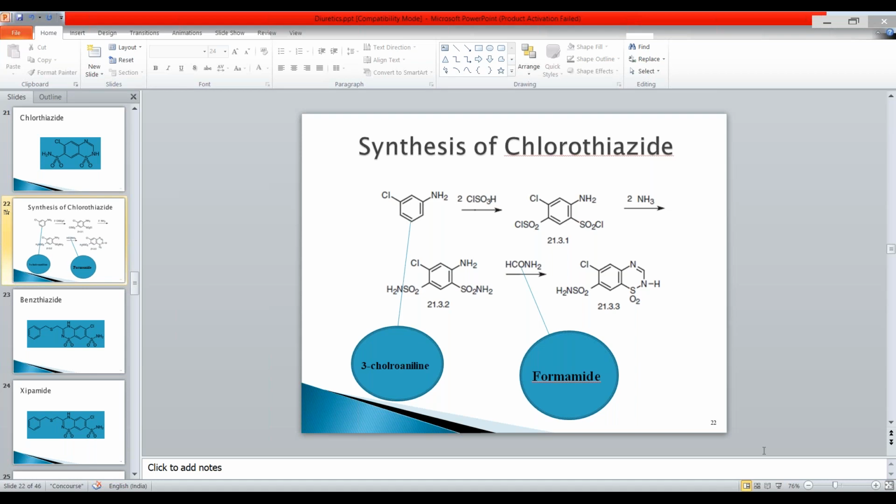And therefore there are chances of potassium loss at site 4.